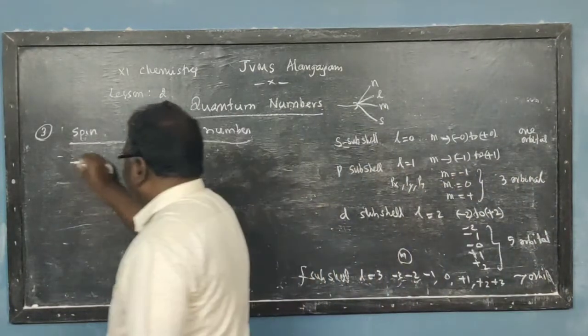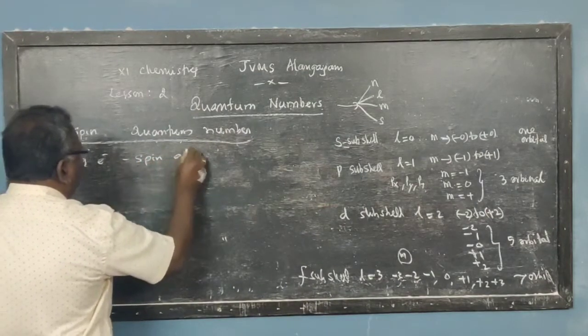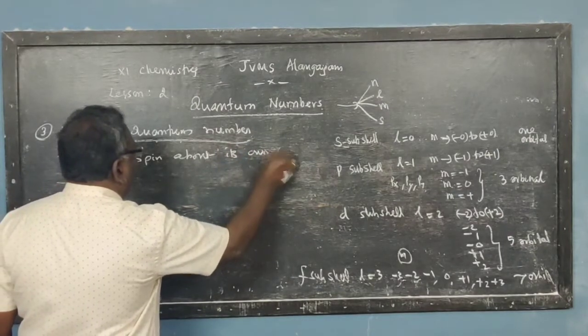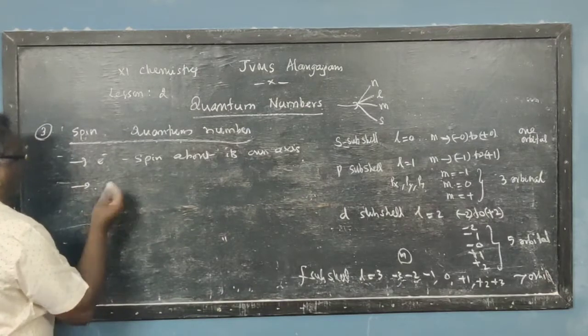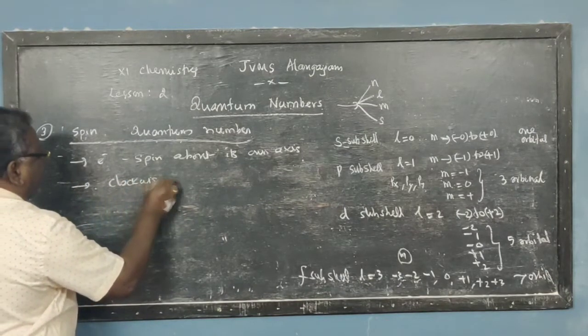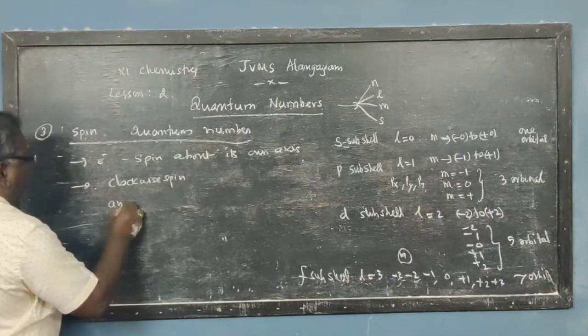So electrons spin about their own axis. And the spin can be only of two types. One is clockwise spin, the other one is anti-clockwise spin.